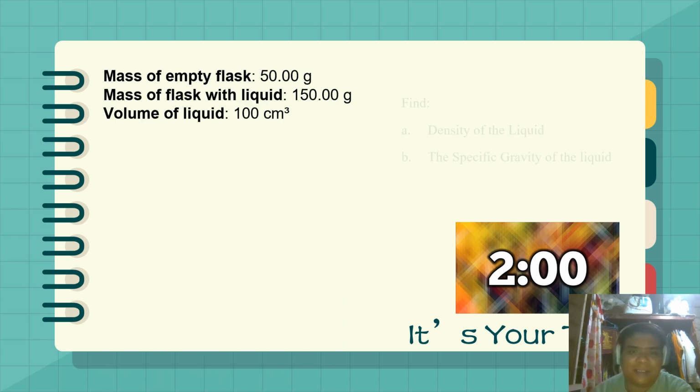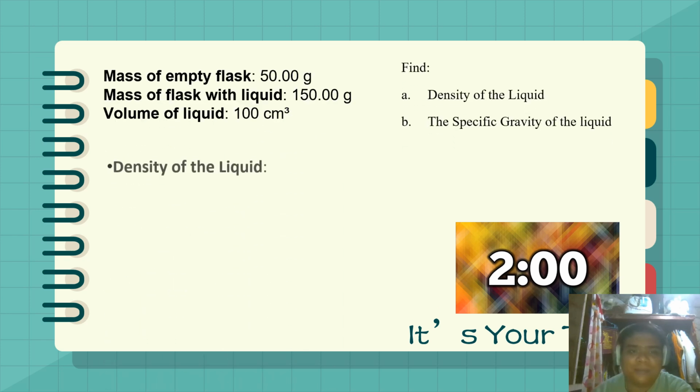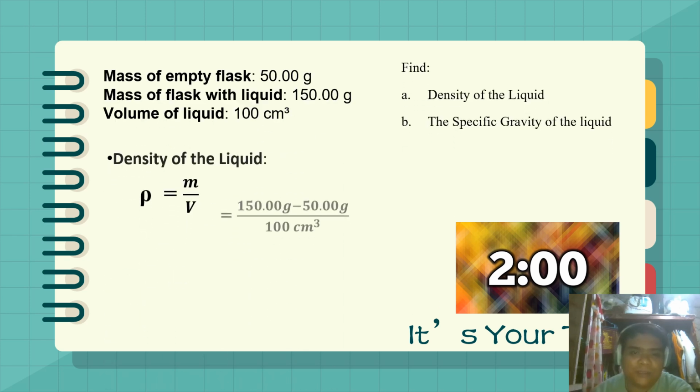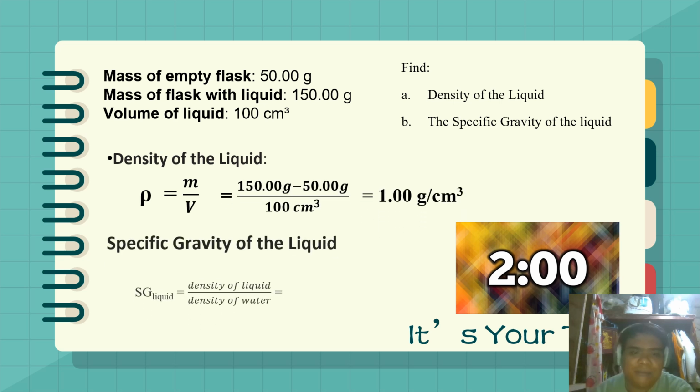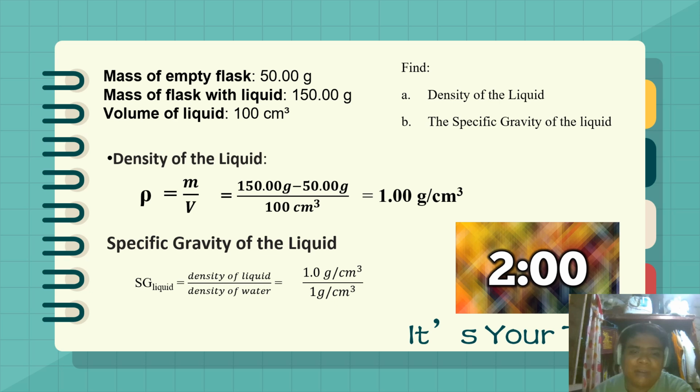Okay. Another. As you can see, 150 minus 50 over 100 will give you 1.00 gram per cubic centimeter. That will also be the density of the liquid over the density of water, and that will give you 1.00. Okay?